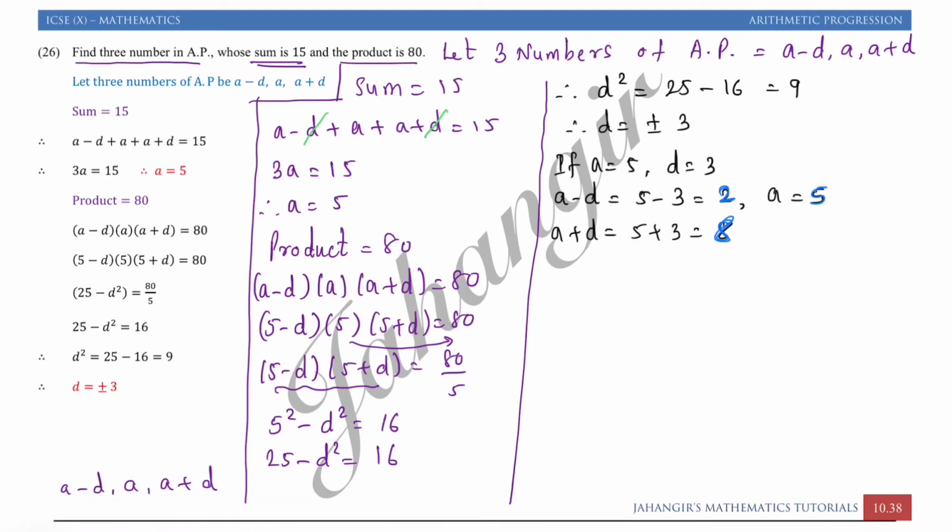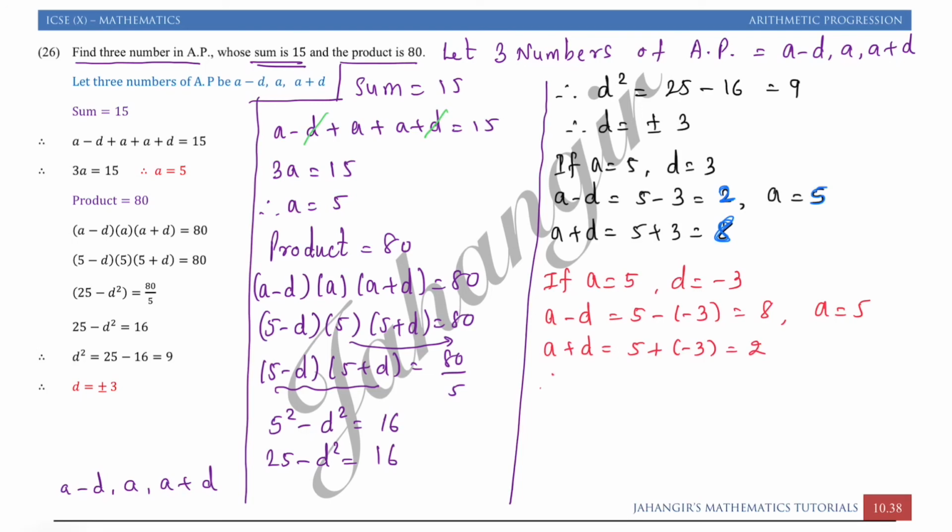Now second case, if A is equal to 5 and D is equal to minus 3. So we can say A minus D is equal to 5 minus of minus 3, which is 8. A is equal to 5, and A plus D, that is 5 plus minus 3, which is 2.